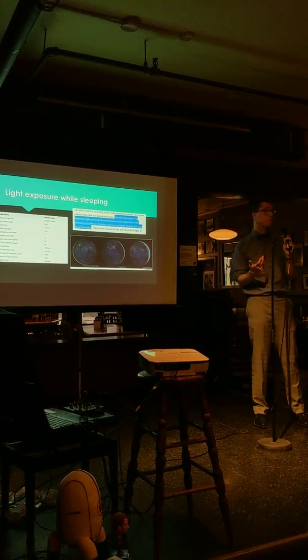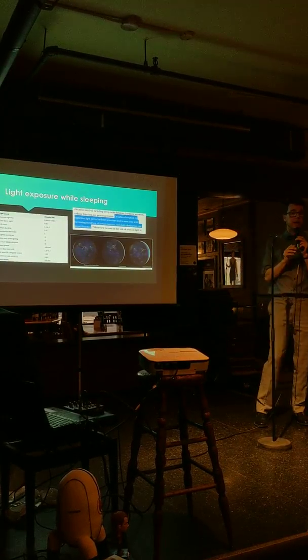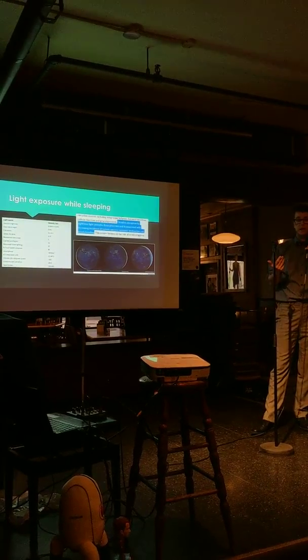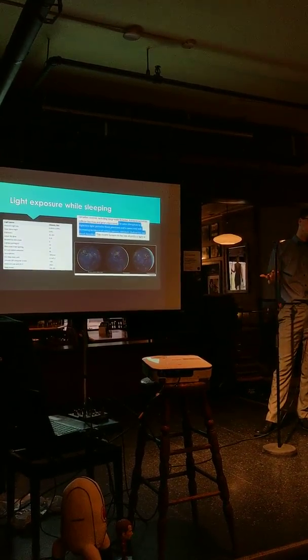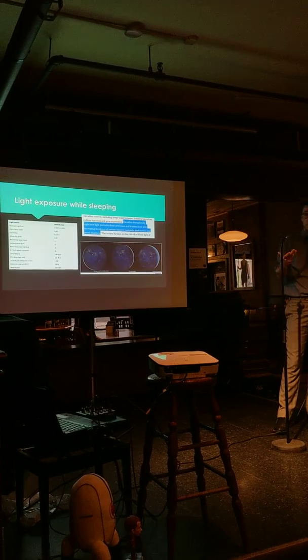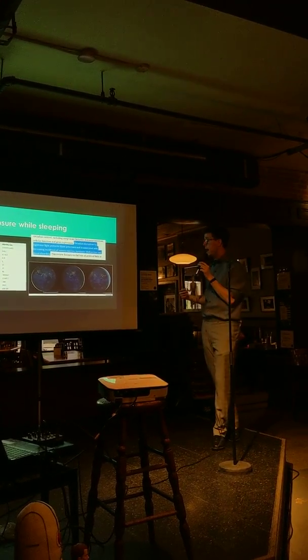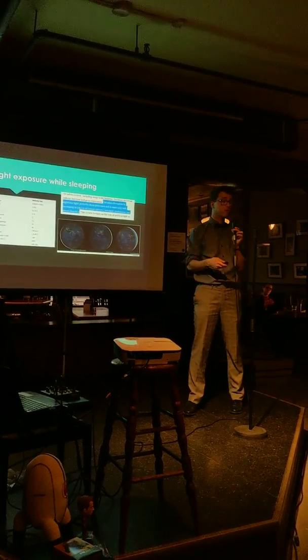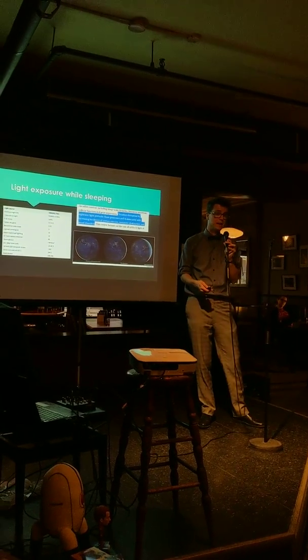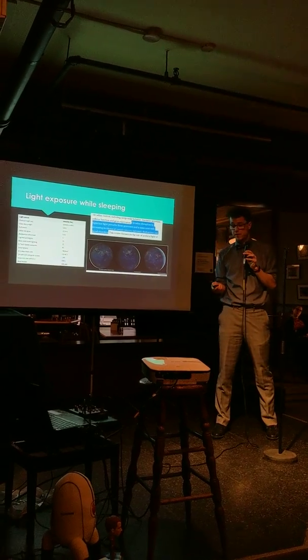So this is, if you roll out of bed in the middle of the night, maybe your cat woke you up, you take a look at your phone, you don't go back to bed. We've never been used to that. That's never something that we evolved to be able to do. And this has, again, many negative health implications because of it.